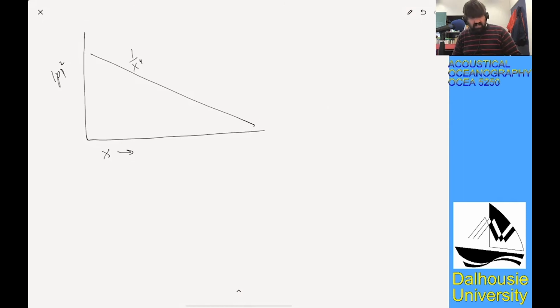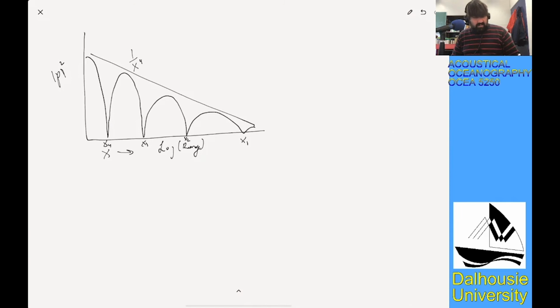And I'm going to do this as a log scale. And then we're going to have, etc. x1, x2, x3, x4.